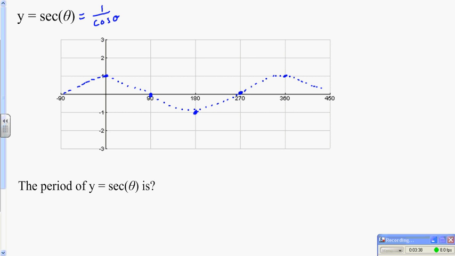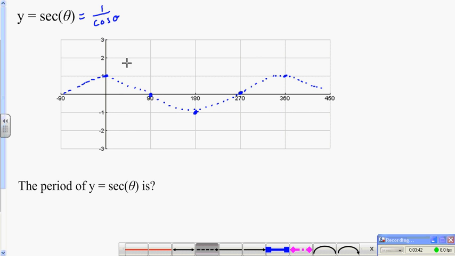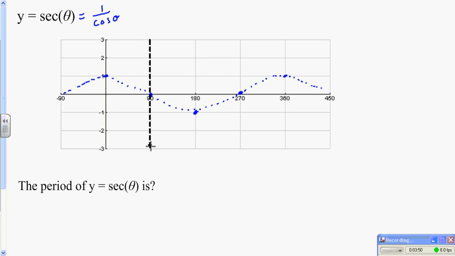Okay, now secant is the reciprocal of that. So wherever cosine is 0, the reciprocal would be undefined. And these are the locations where cosine is 0.